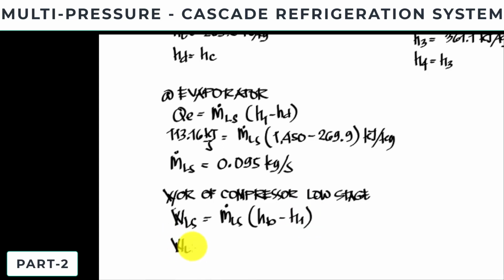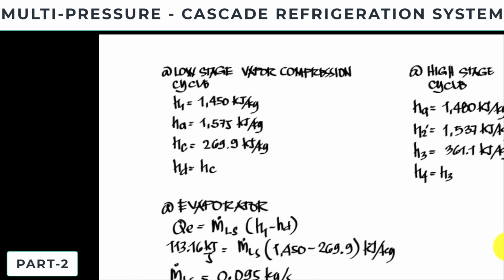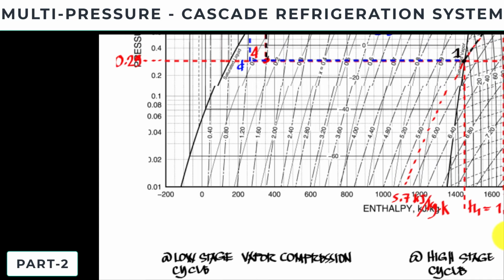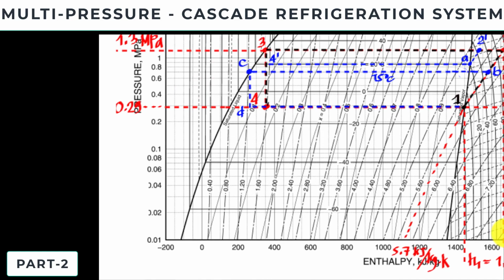Okay. So work at the low stage, we have the mass flow rate 0.095 kilogram per second multiplied by enthalpy B. So we don't have the value of enthalpy B yet. So let me check that one.